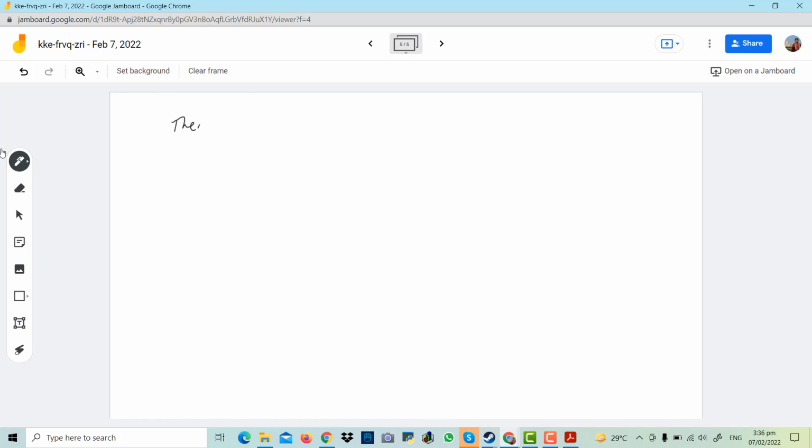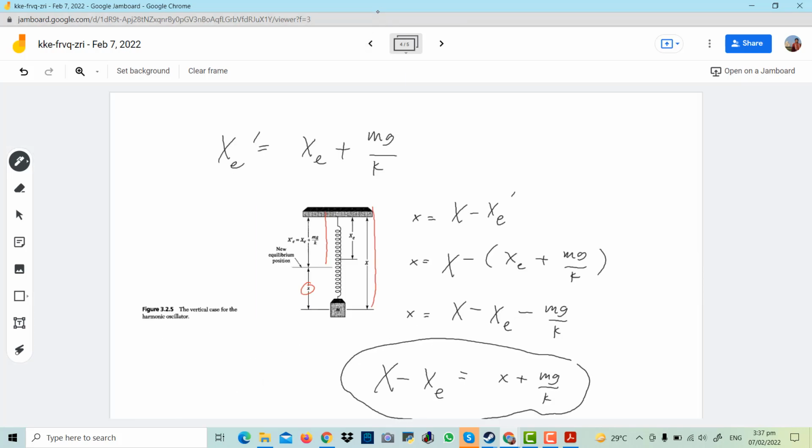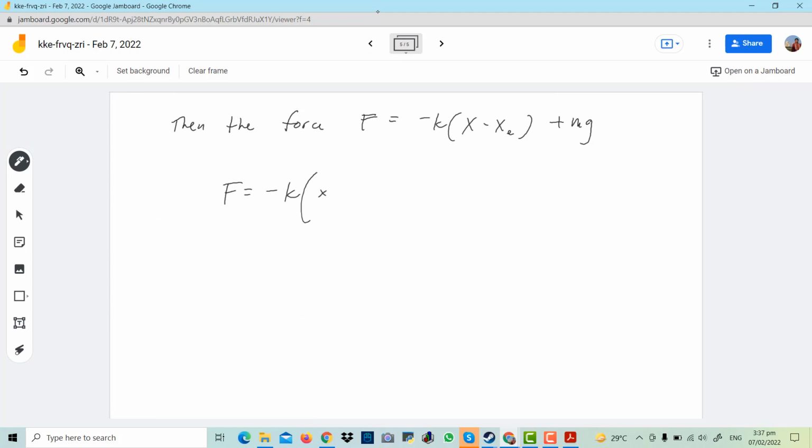The force F is equal to minus k times (x minus x e) plus mg, which is equal to minus k times (small x plus mg over k) plus mg.